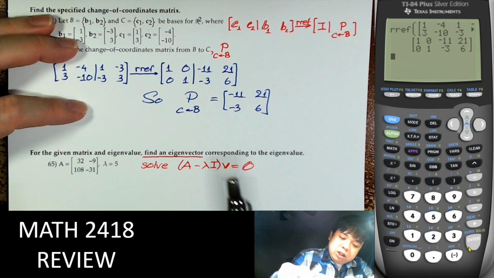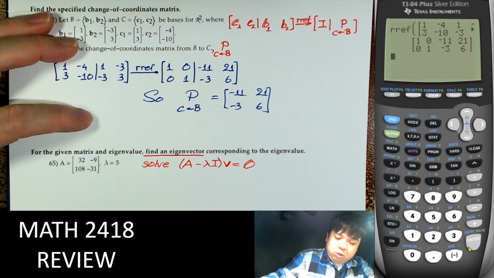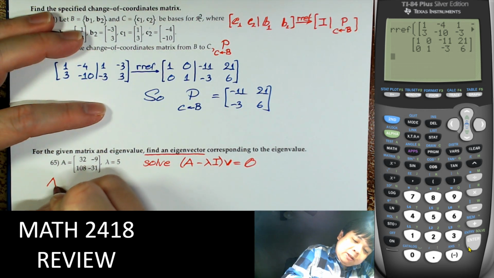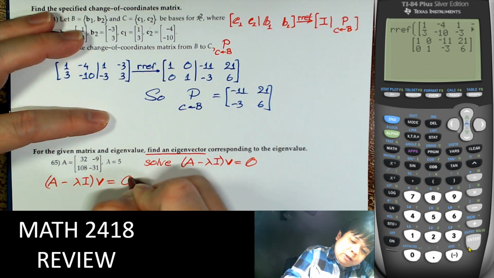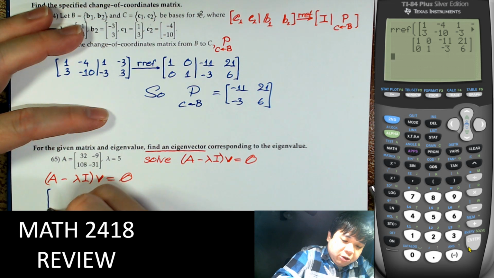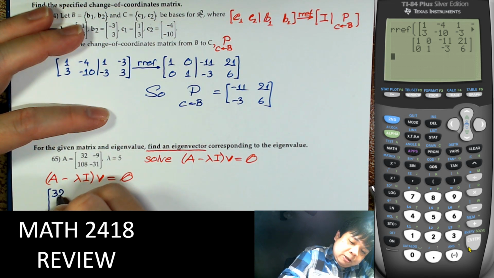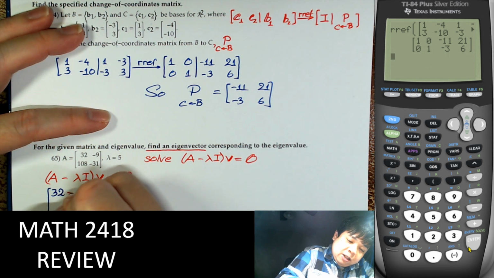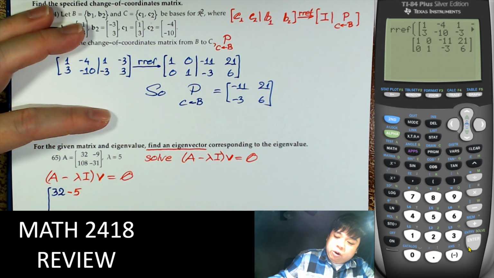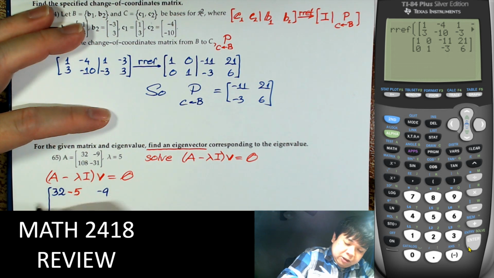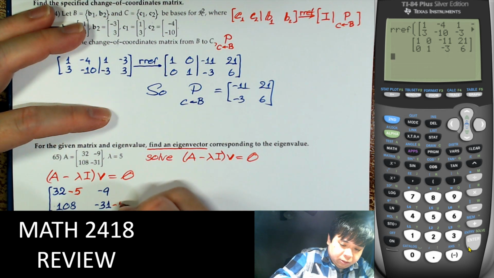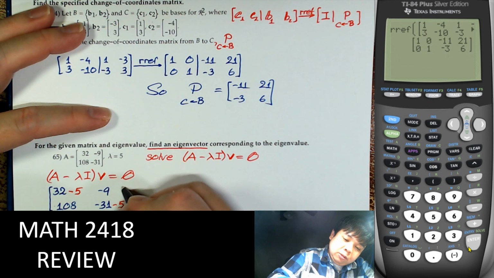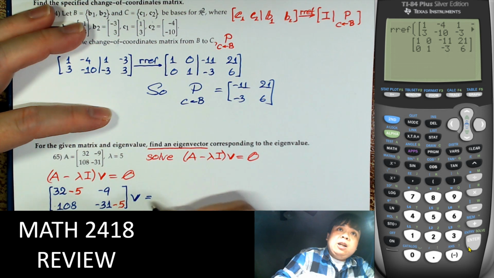So what we do is we're just going to start with, let's write the equation. So we take the matrix A, subtract the lambda, which is 5, on the diagonal entries, times vector v equal to 0 vector.